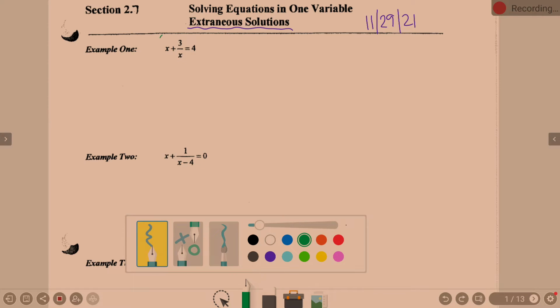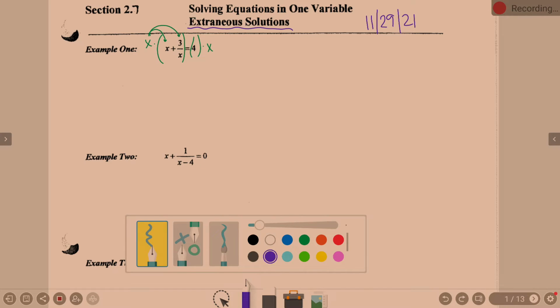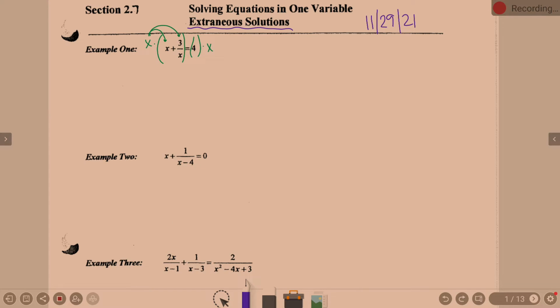If we multiply by x, keep in mind that means technically we're multiplying both sides of the equation by x, right? On that left, we're going to take the x and we're going to have to distribute. What is x times x?